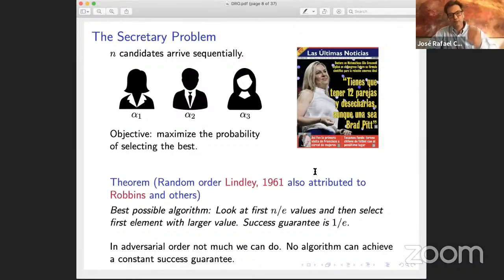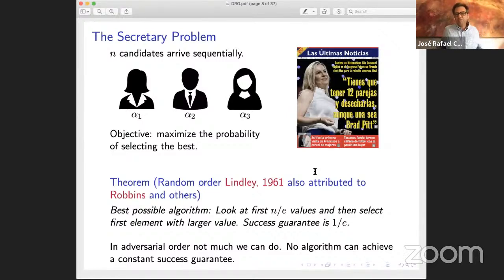And you have to pick the maximum. And the secretary problem even made it to the news in Chile a couple of years ago, where they were suggesting that you need to have 12 couples and discard all of them, even if one is Brad Pitt. So that's what the newspaper says there.